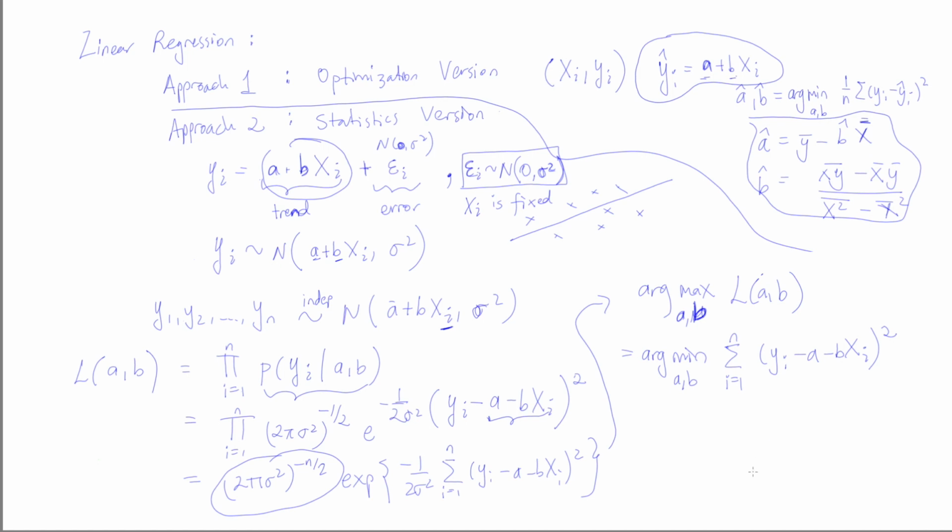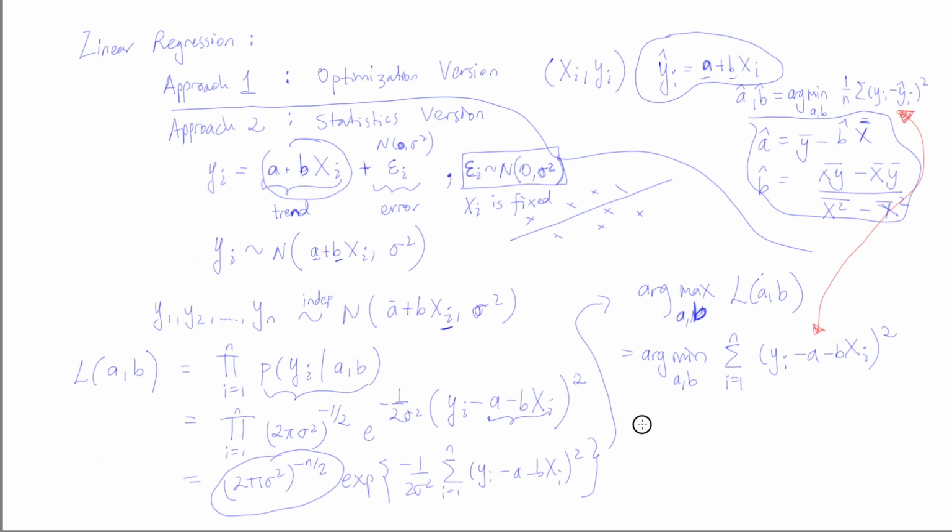Okay, so hopefully you should see this problem is very similar to something we've already done up here, right? This is just the least squares problem. It's the same problem.